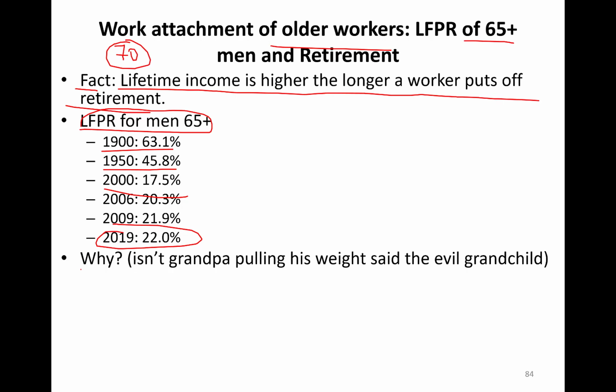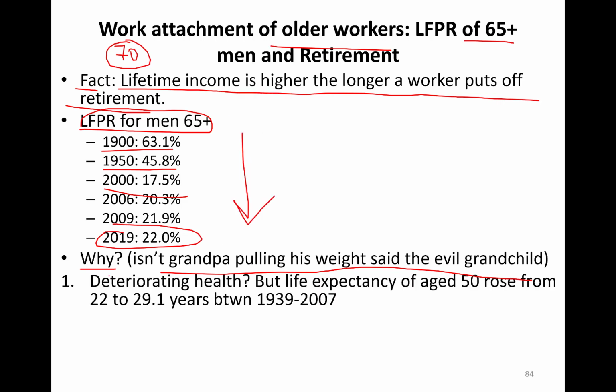So why has the labor force participation rate for men been declining? Why isn't grandpa pulling his weight, said the evil grandchild. I mean, you're 65 plus, it's time to maybe enter the next portion of your life. Is it deteriorating health? Were people healthier back in the day?